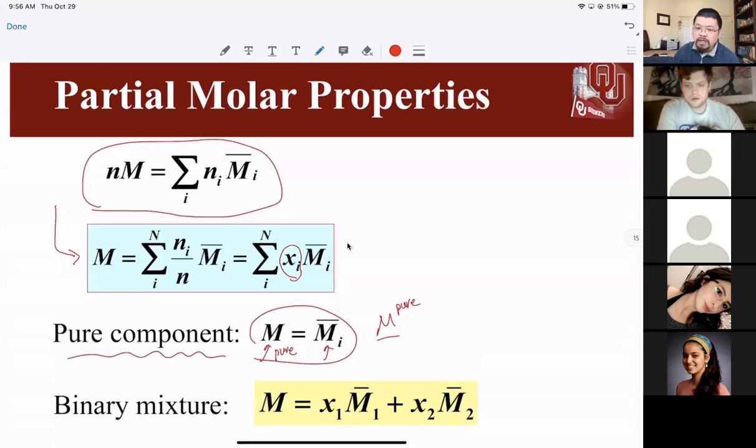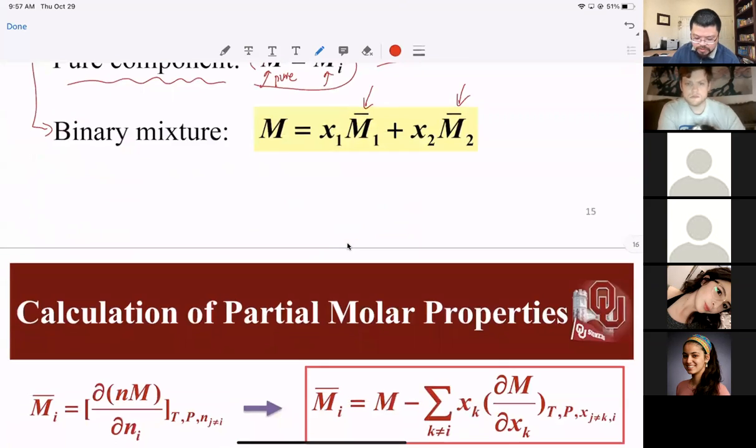This is the pure component property. Okay. So if we try to simplify to a binary mixture, then this n would be x1 partial molar property of M1, x2 partial molar property of M2. Okay. So here nothing special. It's just a simplification to a binary system.